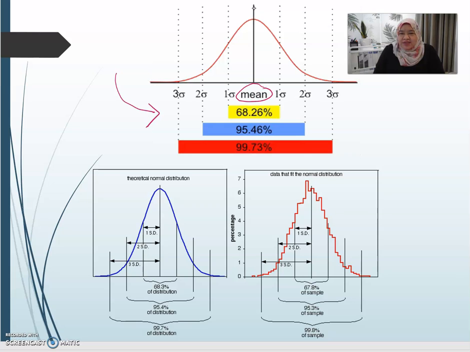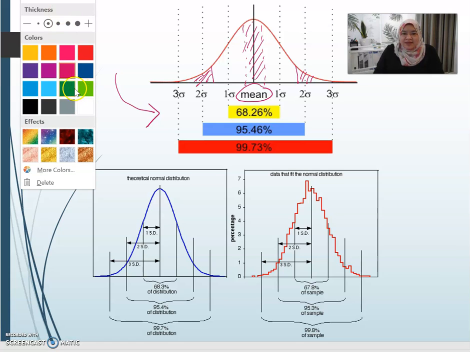So some data will fall below the mean average, or some might fall more than the mean average, and most of the data could be on the central of the mean. So this is how we are going to describe our data.